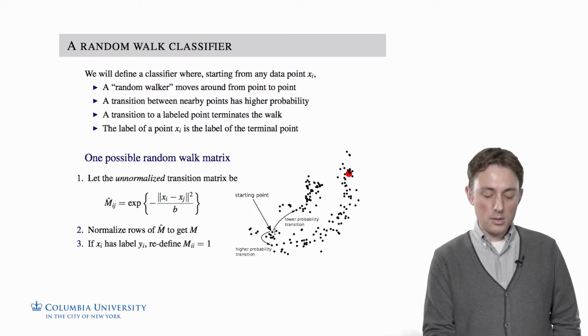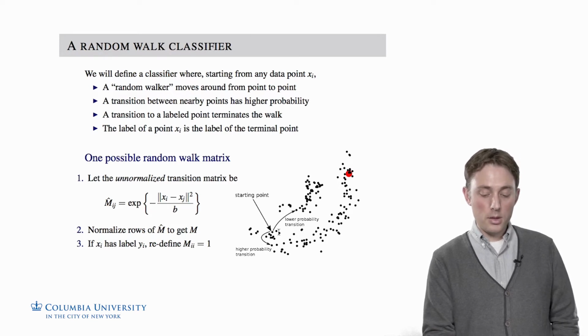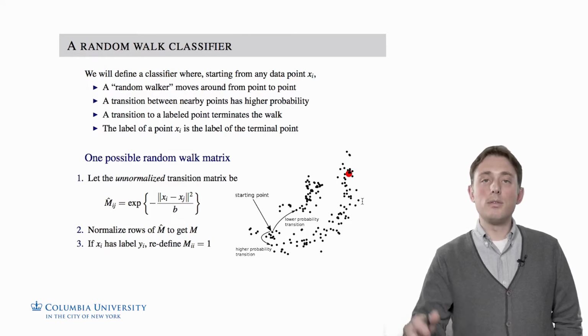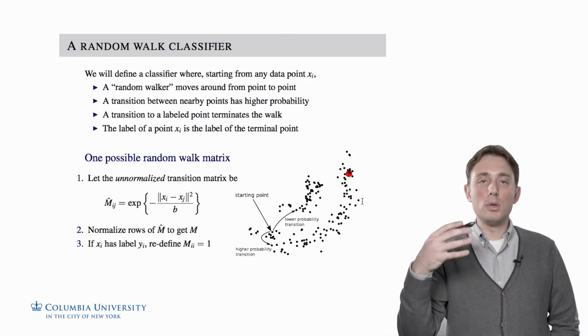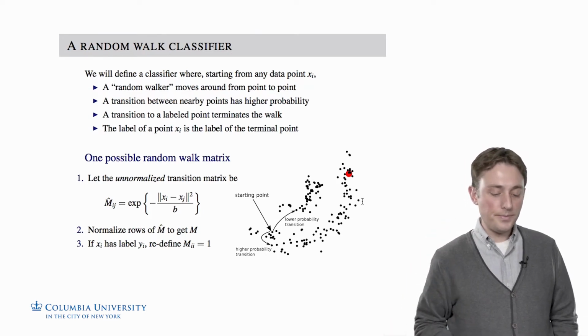If b is small, then of course the probability of transitioning from this point to this point might be high if b is large enough to consider that close. But the probability of transitioning from this point to this point, or this point to this point, or any other point outside of the range defined by b, that transition probability will be very, very small, essentially 0.